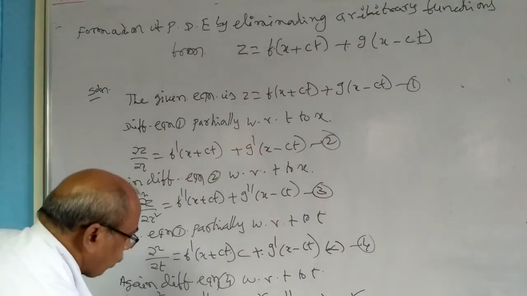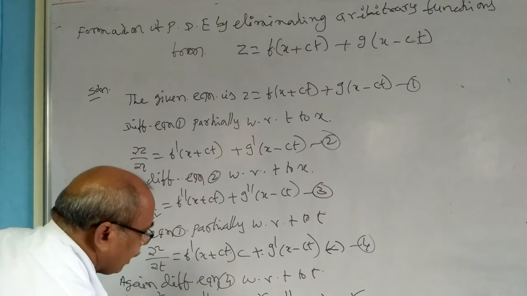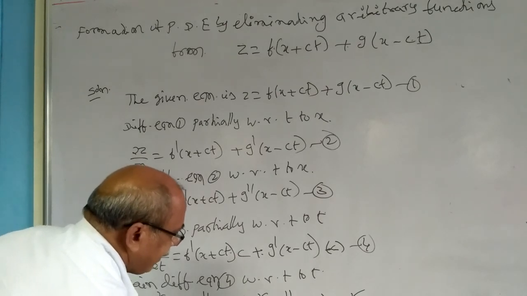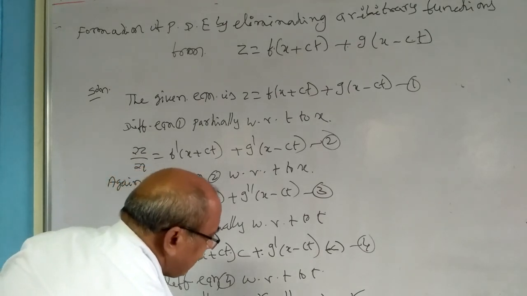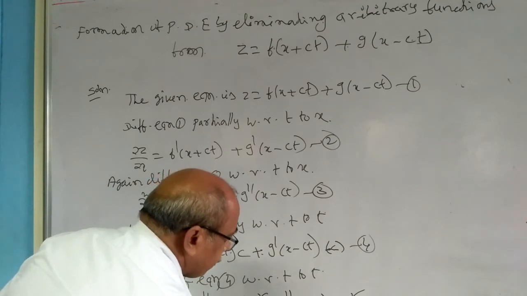So c square taking common, f double dash x plus ct plus g double dash x minus ct.